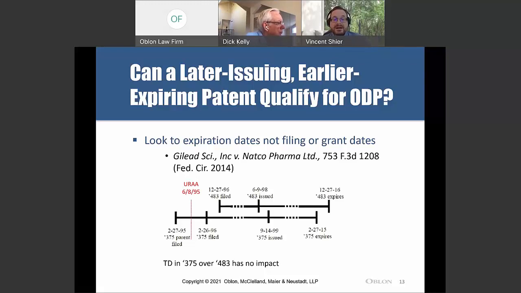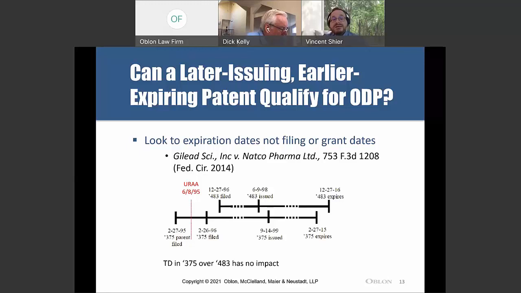And the contention by NATCO was that the 483 patent, which was later filed but earlier issued and ultimately had the longer patent term, was invalid under obviousness-type double patenting from an earlier filed and later issued but earlier expiring patent.